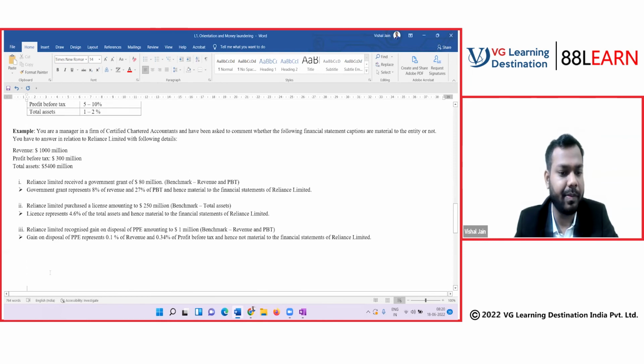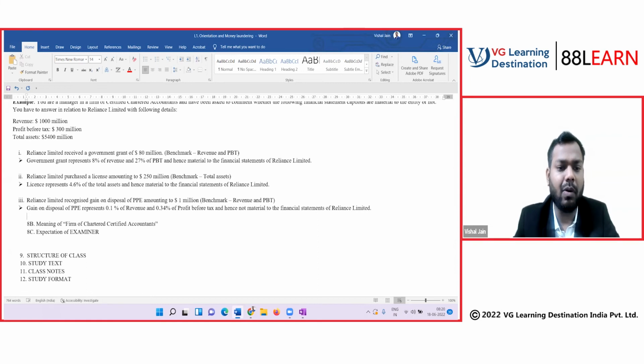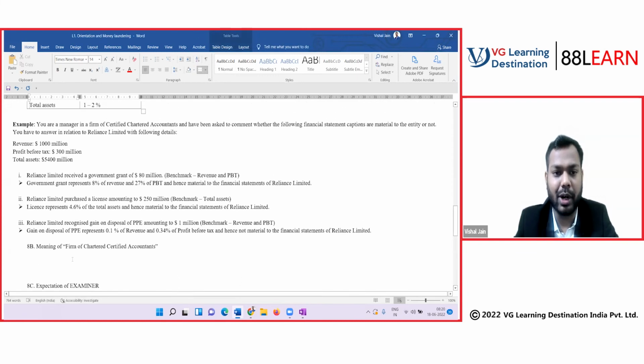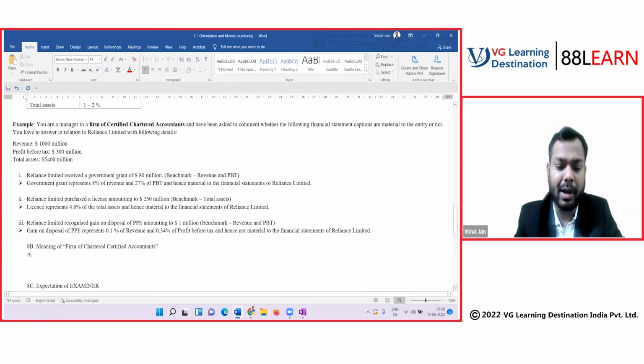Now, another point which you have to understand is the meaning of a firm of chartered certified accountants. You are a manager in the firm of chartered certified accountants. What is the meaning of the statement? Meaning thereby is at least 50% or more of the partners of the firm should be ACCA qualified.